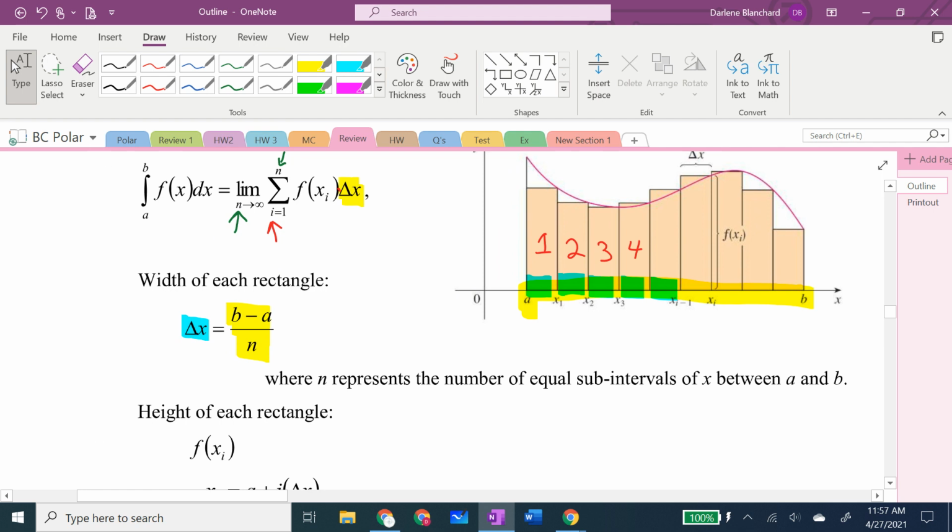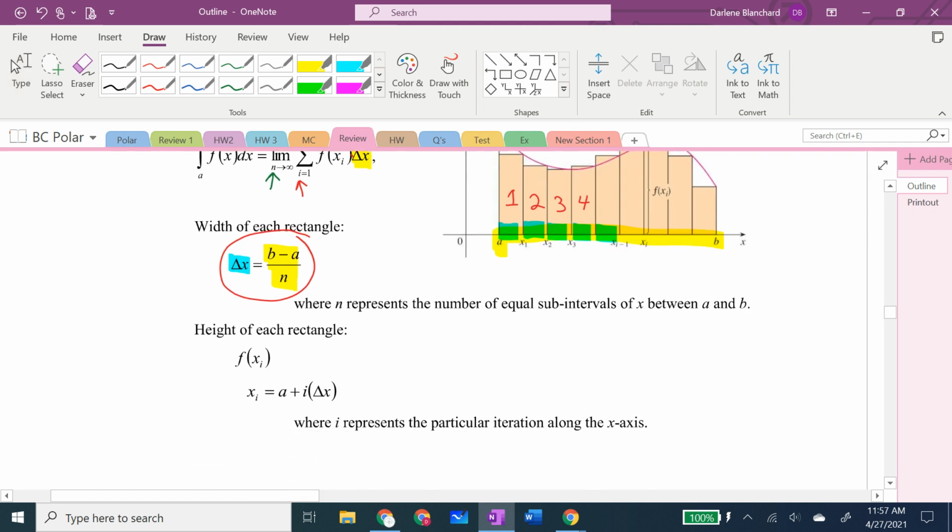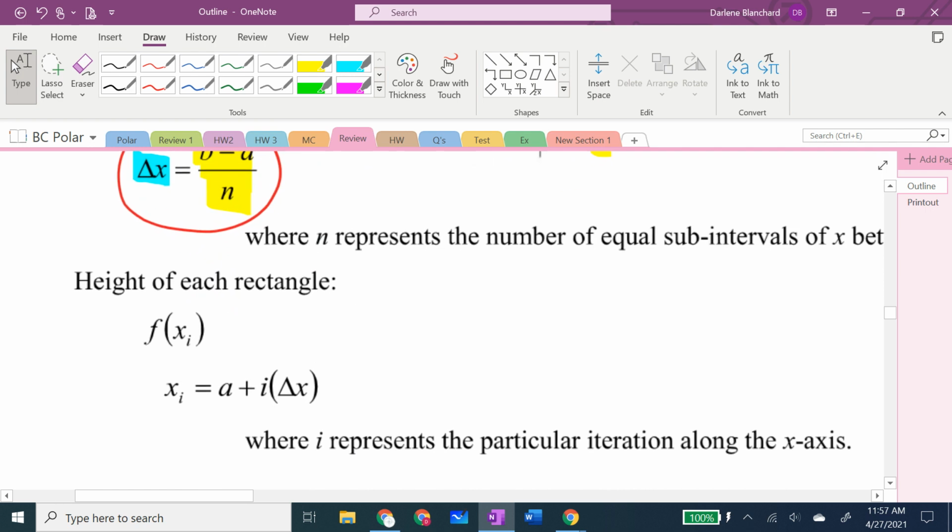When I run into these problems, I will first look for my width, my delta x. To get through these problems, you need to be familiar with the formulas, that delta x is b minus a over n, and then the heights are the function values with this x sub i plugged in.